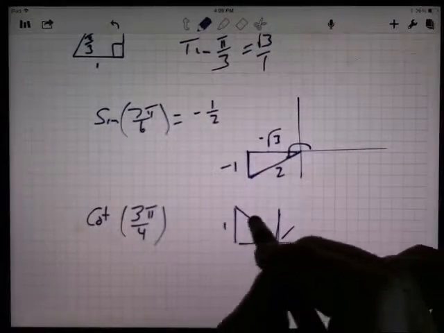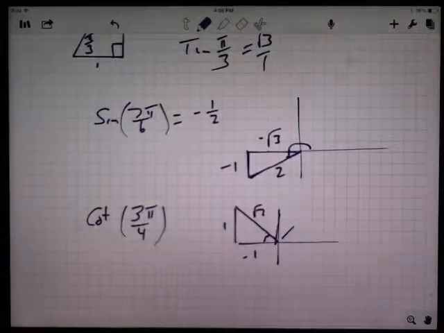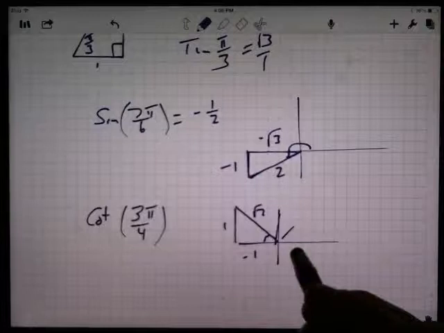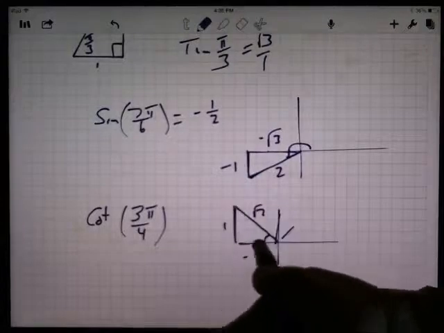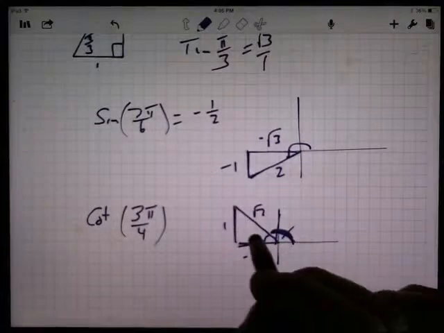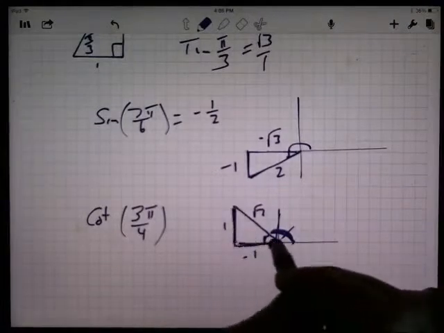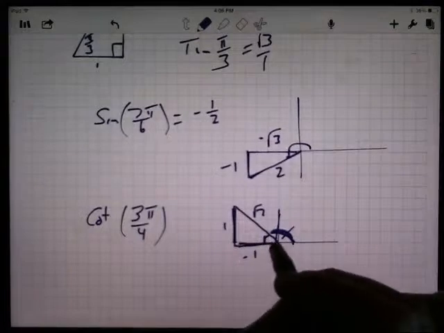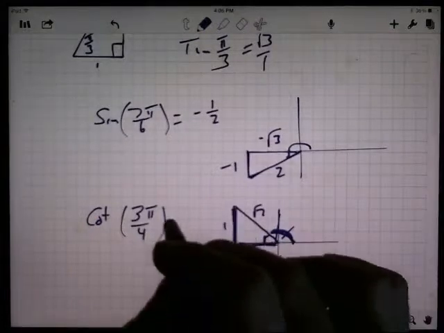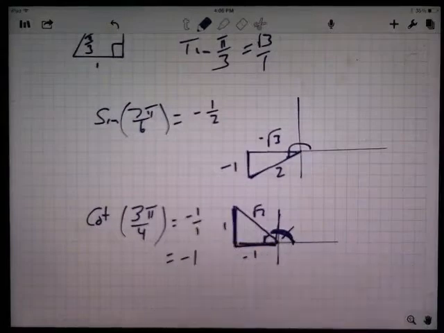So you've got your 1, 1, square root of 2 triangle, and the x-coordinate is negative. So what's the cotangent of 3 pi over 4? It's the x-coordinate divided by the y-coordinate. This is your 3 pi over 4 angle out there. This is the reference angle right in here. So opposite over adjacent, no, that's the tangent. The cotangent would be the adjacent over the opposite. It's minus 1 over 1, which is just the same as minus 1.